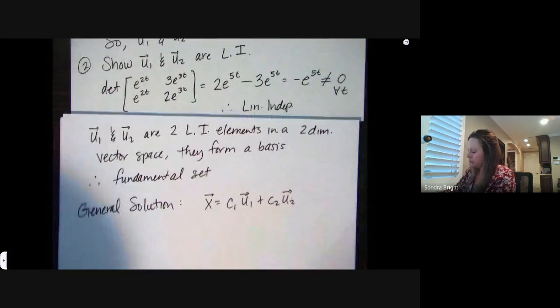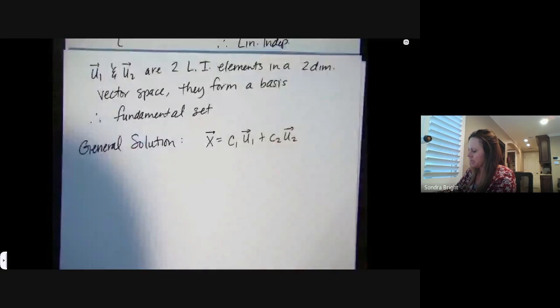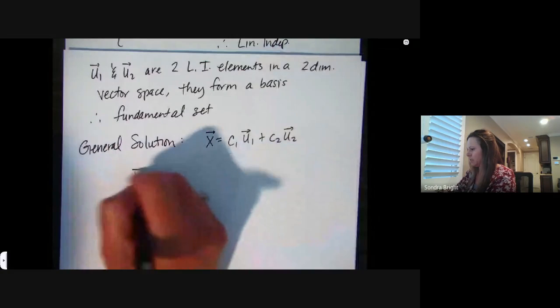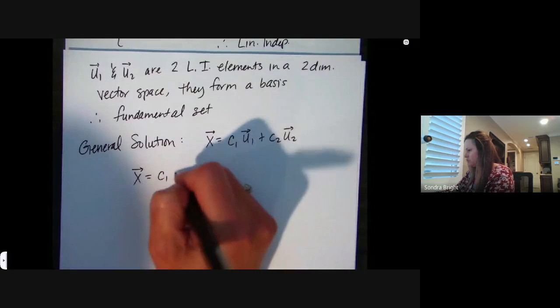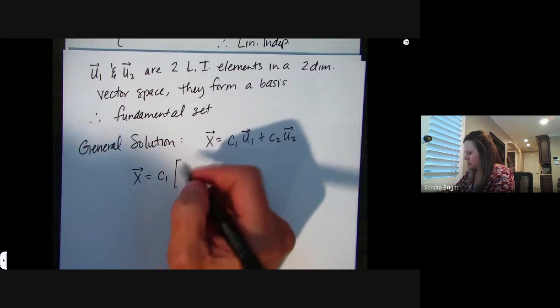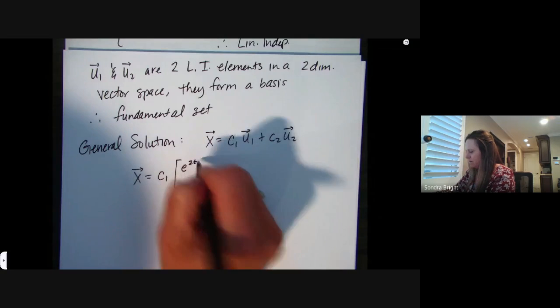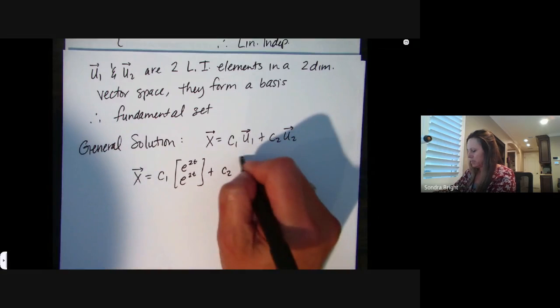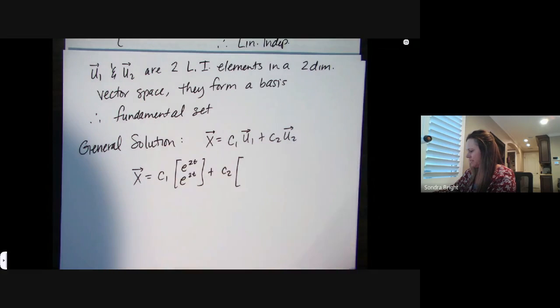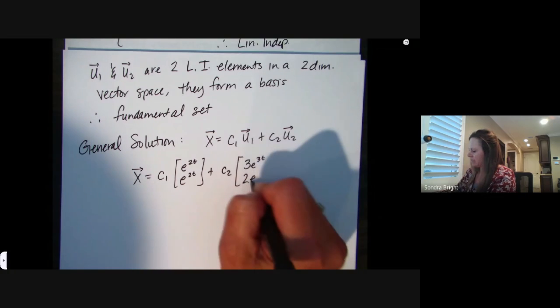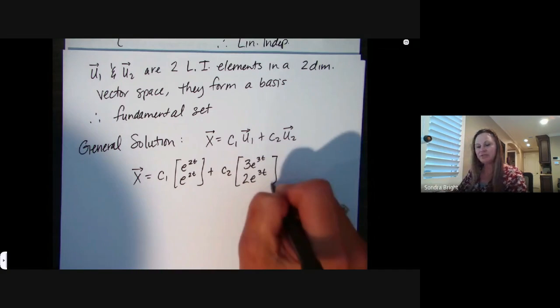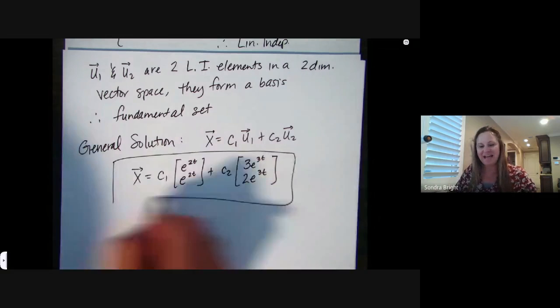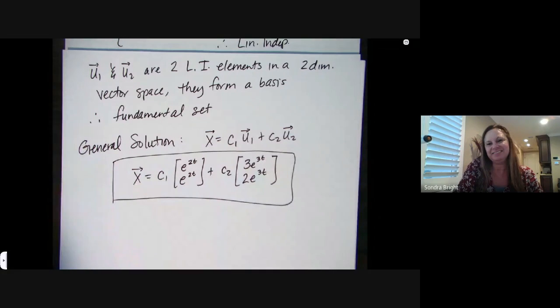So your general solution is x equals c1 times u1, which was e to the 2t and e to the 2t, plus c2 times u2, which was 3 times e to the 3t and 2 times e to the 3t. There's your general solution. Not too bad, right? Not fabulous either, but not too shabby.